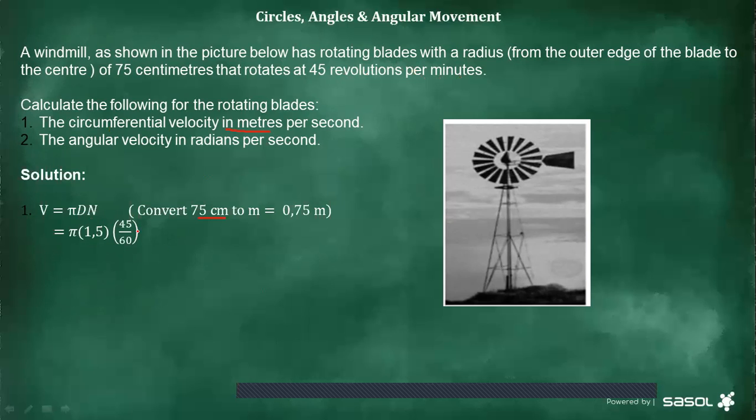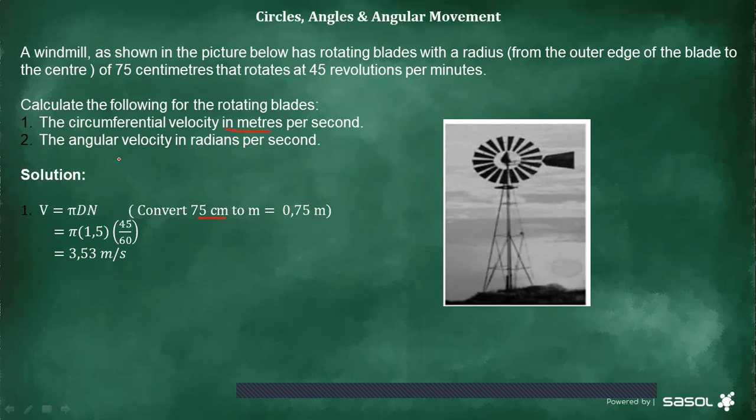So we divide this 45 by 60, because 1 minute is equal to 60 seconds. All right, then you just press your calculator there. It is 3.53 meters per second.